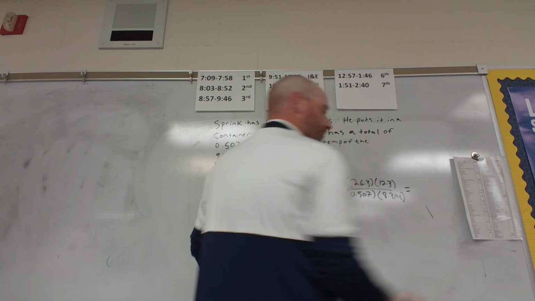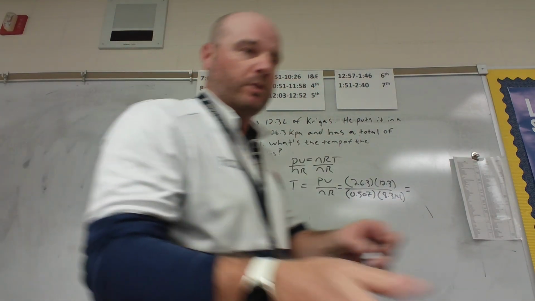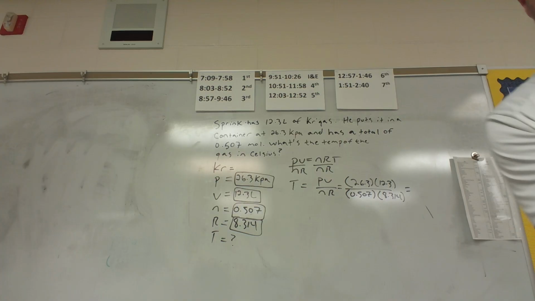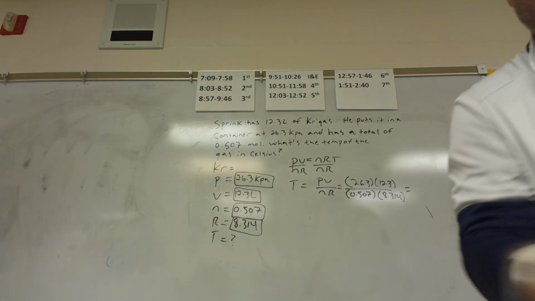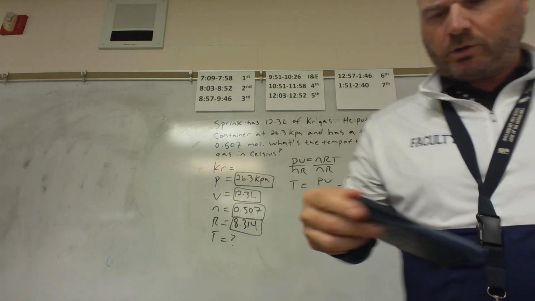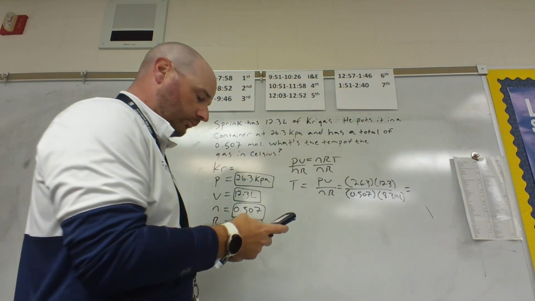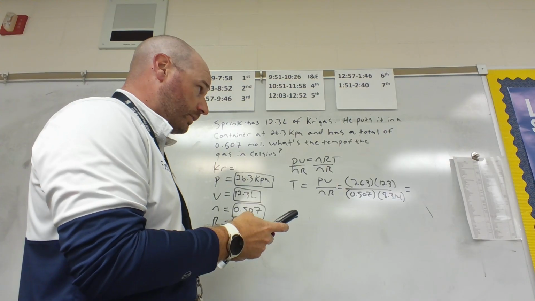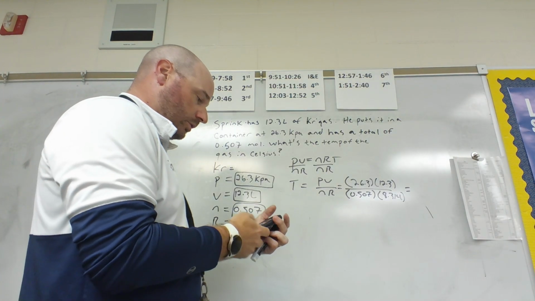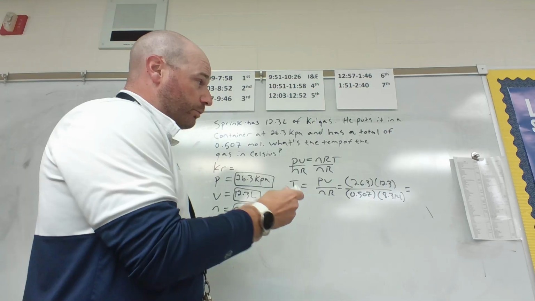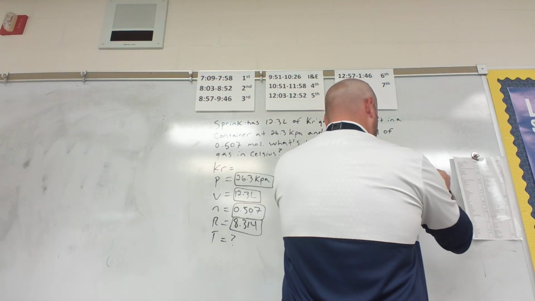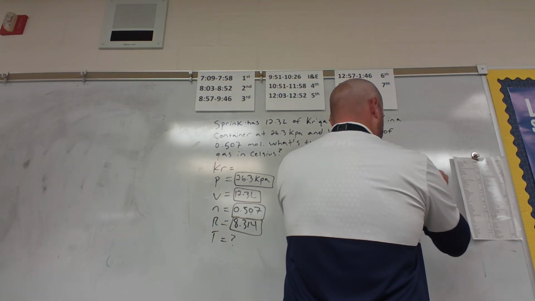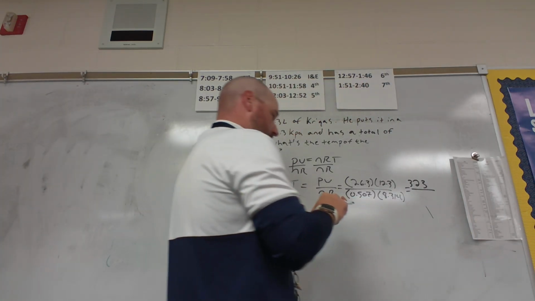All right, so let's go ahead and grab the old calc. 26.3 times 12.3. We're going to go 3 sig figs with this. So that's going to give me 323. I'm going to divide that.